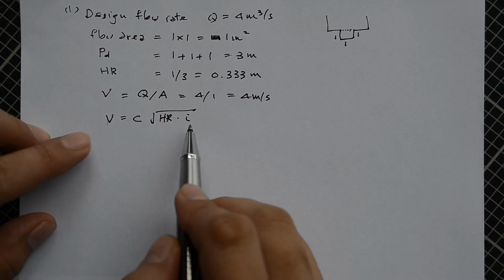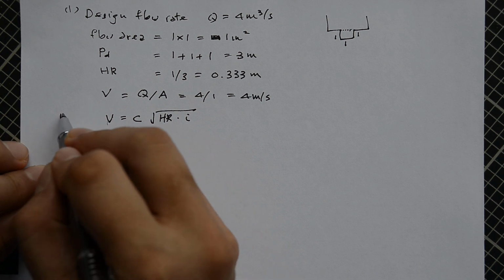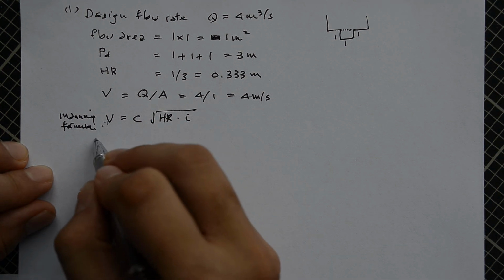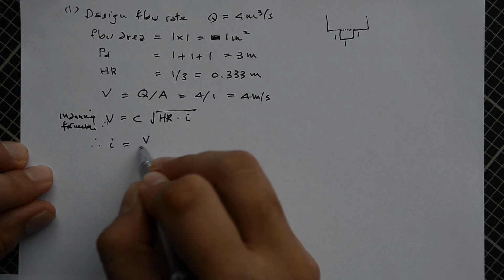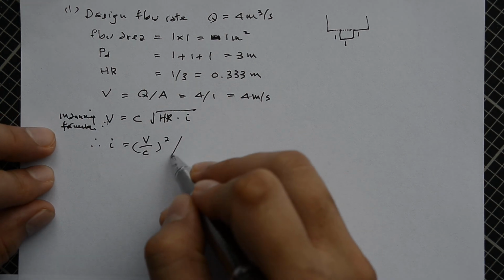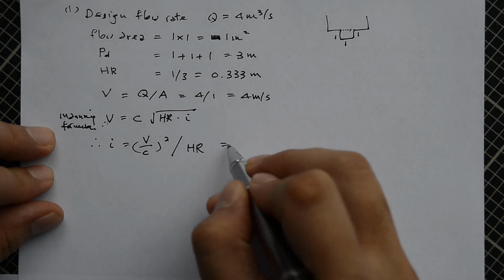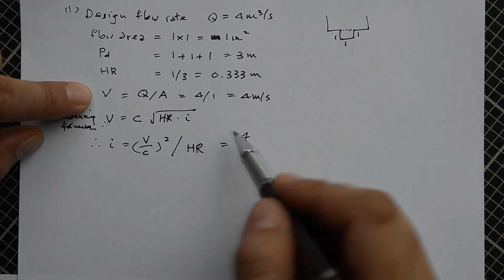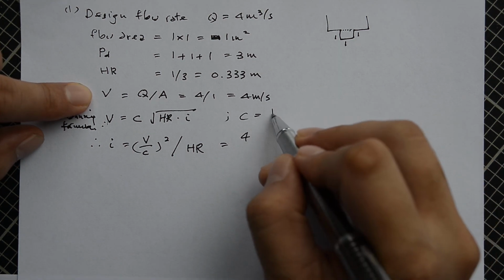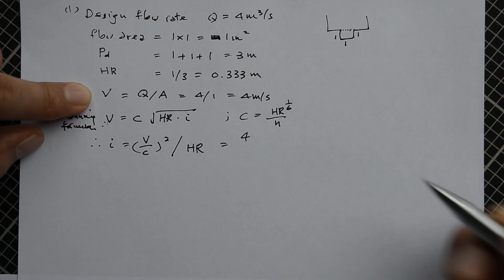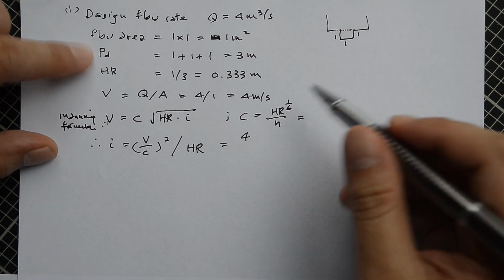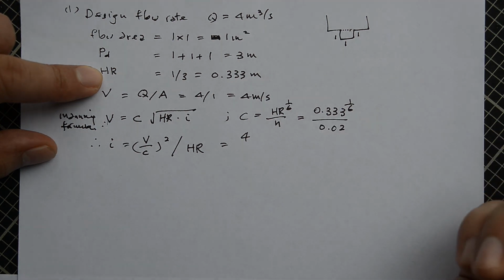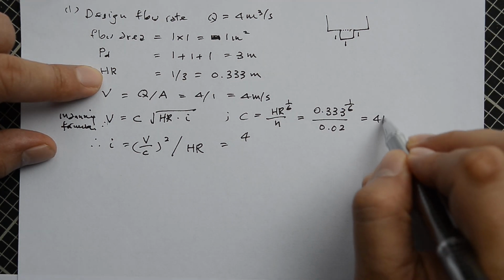Now we are going to determine the inclination. From the Manning formula, I is equal to V over C, squared, divided by the hydraulic radius. The velocity is 4. The coefficient here is the hydraulic radius to the power of 1/6 divided by the Manning roughness coefficient. My calculation shows this is 41.63.